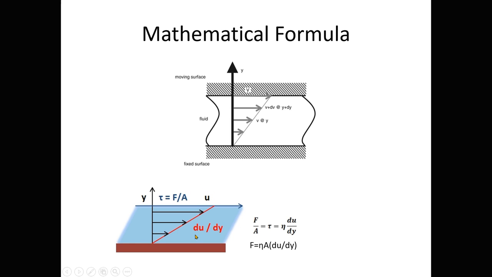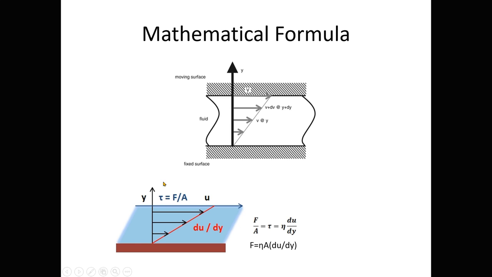So du by dy, this quantity, is known as the velocity gradient. So we have learnt about the velocity gradient during fluid motion through a pipe. What is velocity gradient? du by dy.